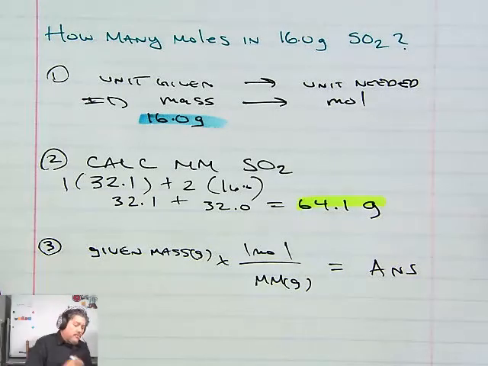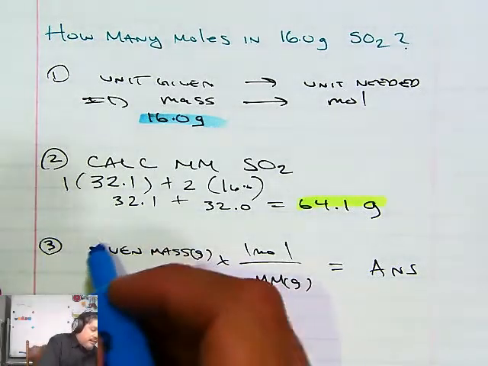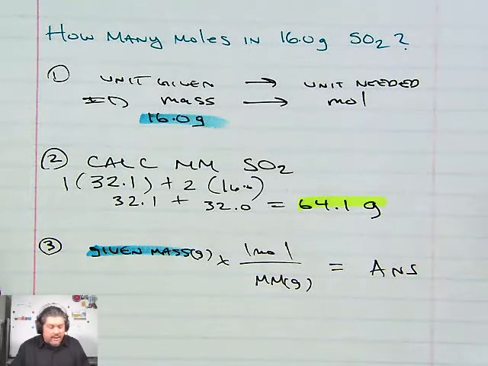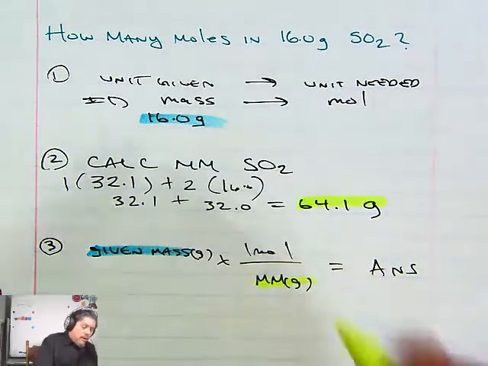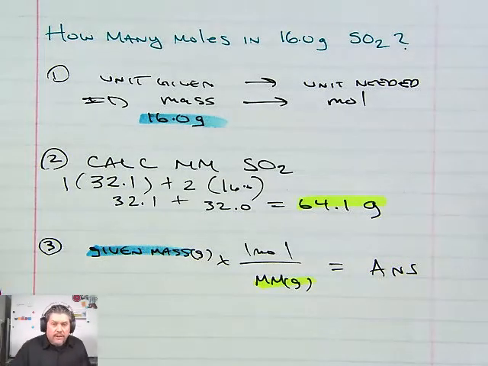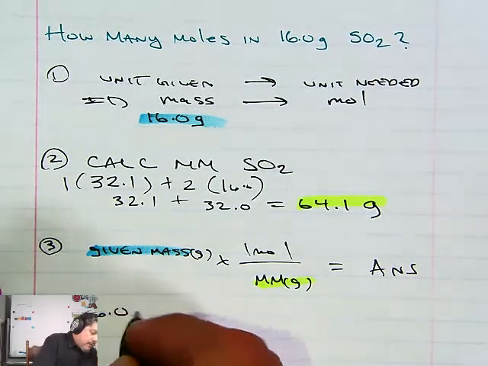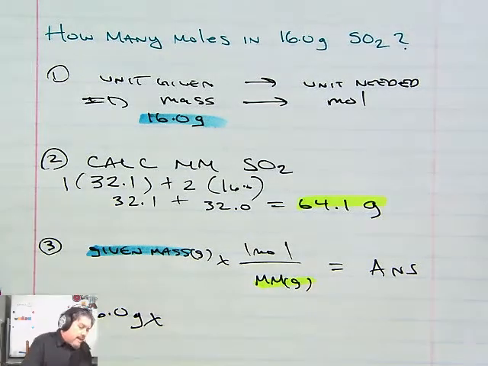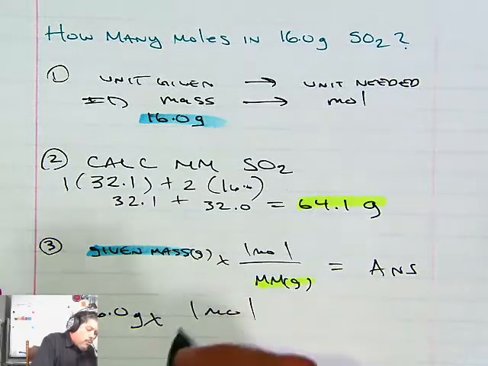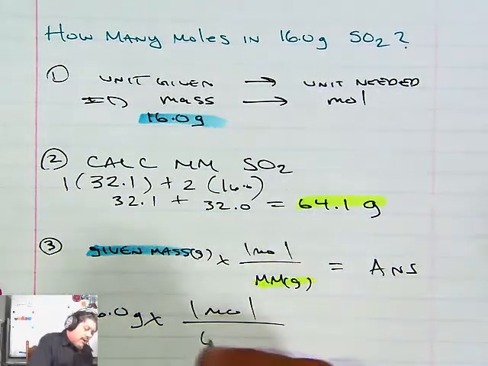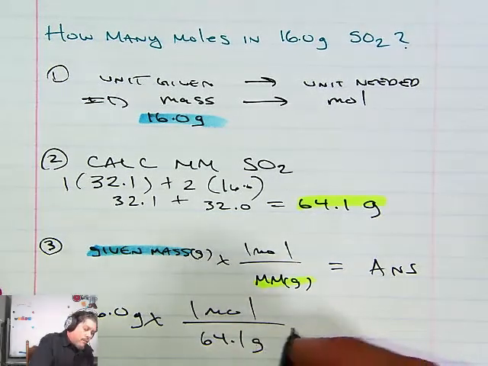I'm going to color code this, and I think you're going to start to see the plug and chug technique here, that we're going to drop in the values where the color coding goes. So in this case, the given mass is 16.0 grams, and that's going to be multiplied times 1 mole over the molar mass in grams, which we know to be now 64.1.